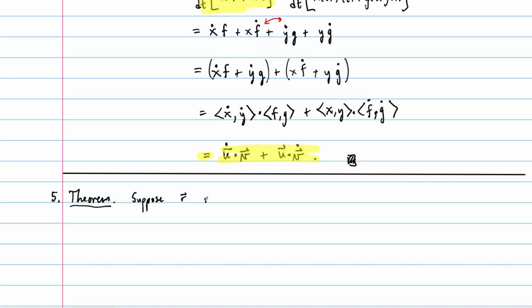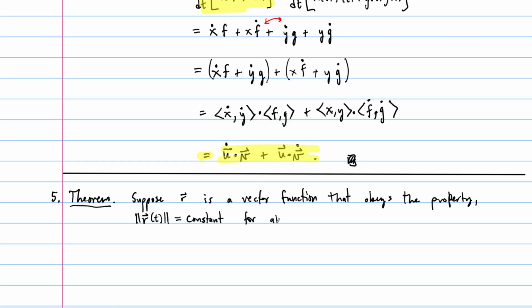So suppose r is a vector function that obeys the property that the length of r of t is equal to a constant for all t in the domain.